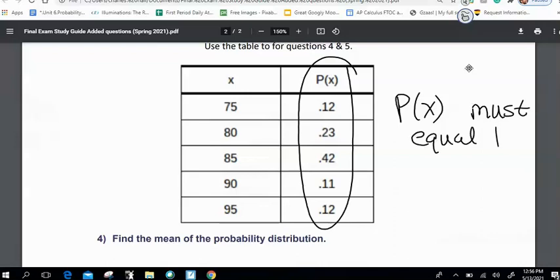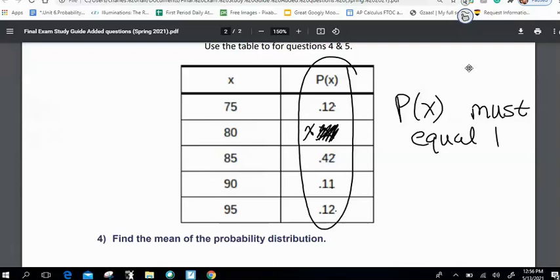So just as a quick reminder, if I take away any one of these, and put an X right here, to find that missing one, you would just add all these up and subtract it from 1, and you'll find that missing piece.